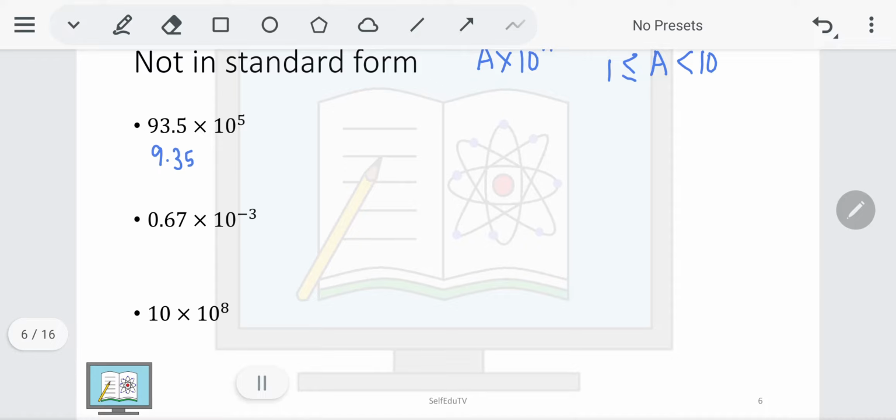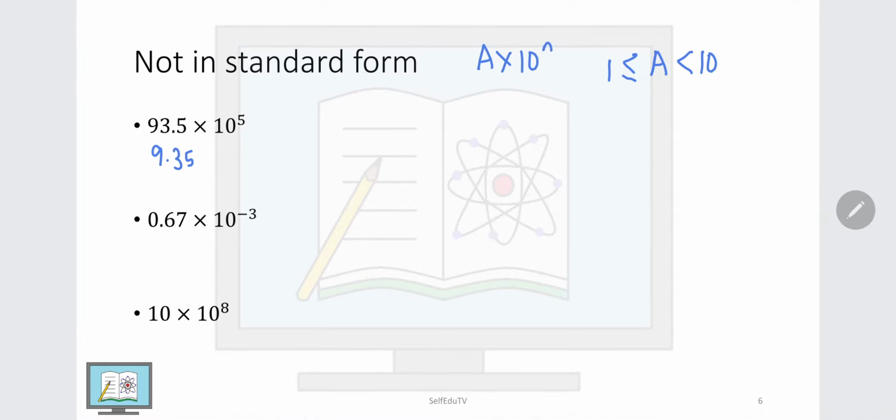To correct it and change it to standard form, we have to do some manipulation. So 93.5 means 9.35 times 10, and then times 10 to the power 5.